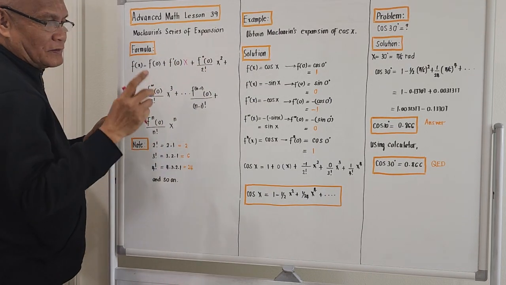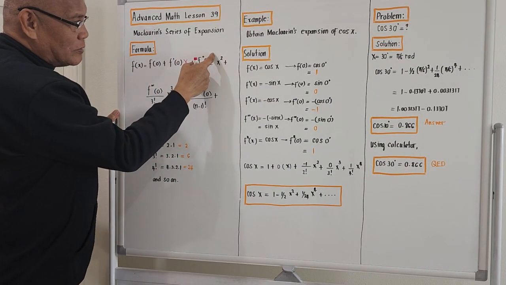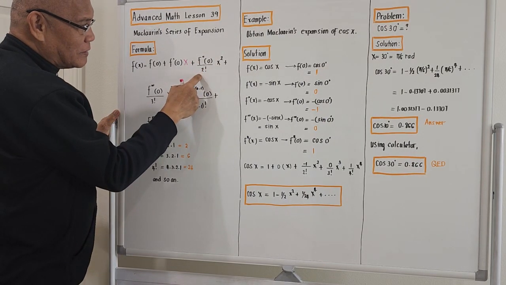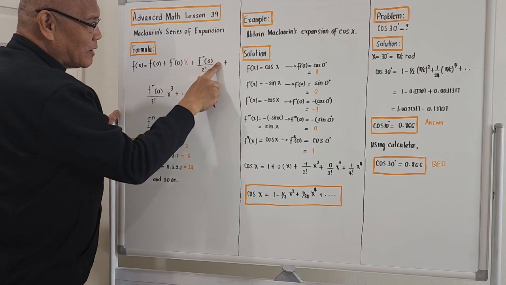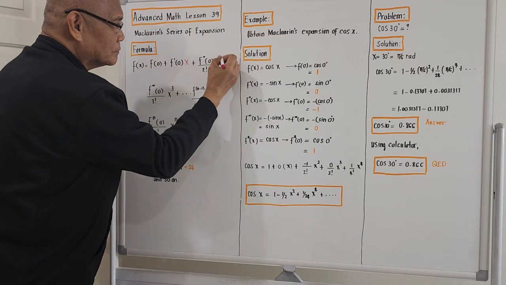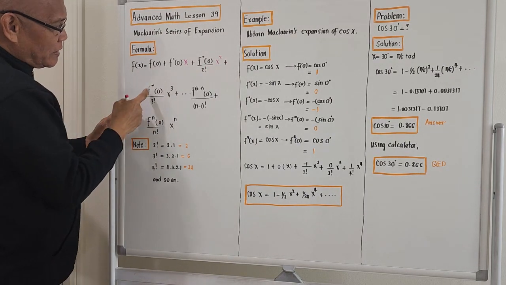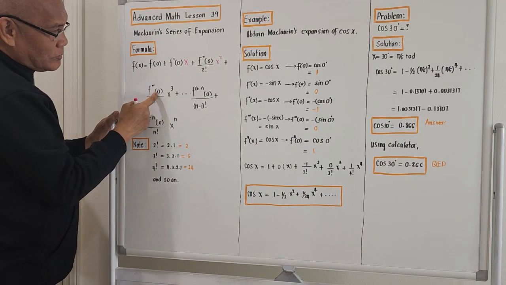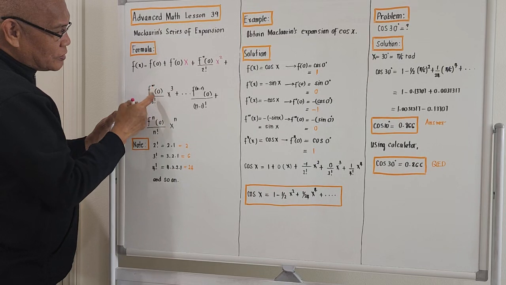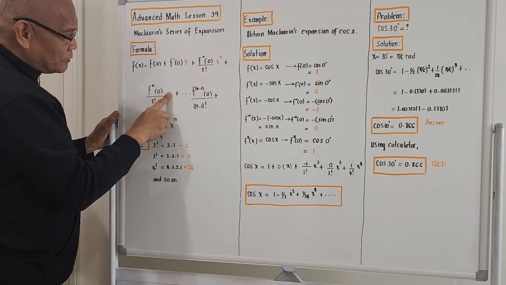The next term will be f double prime of 0 all over 2 factorial, multiplied by x squared. Plus f triple prime of 0 all over 3 factorial times x cubed.